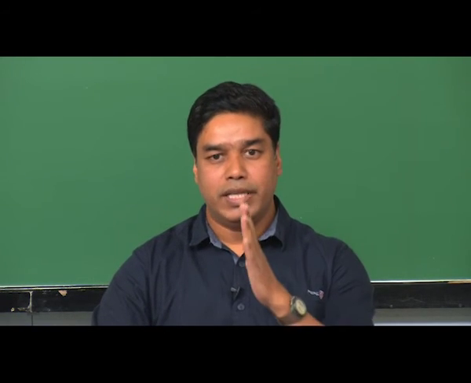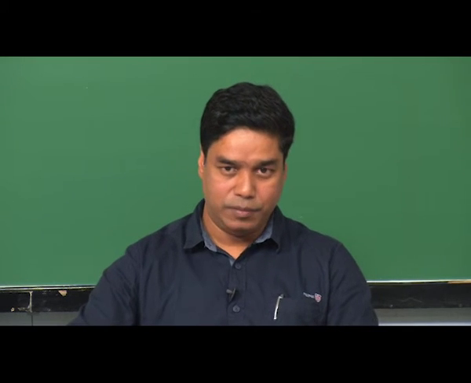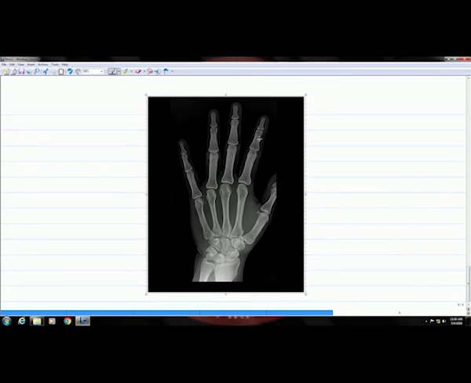In this particular radiograph, since the bones are the most dense parts, they will absorb more energy compared to the flesh and the tissues around it, and that is why the energy coming out from the bones will be much lower compared to energy coming out from other portions of the hand or any other body part.